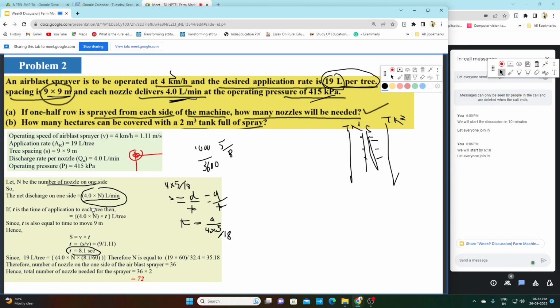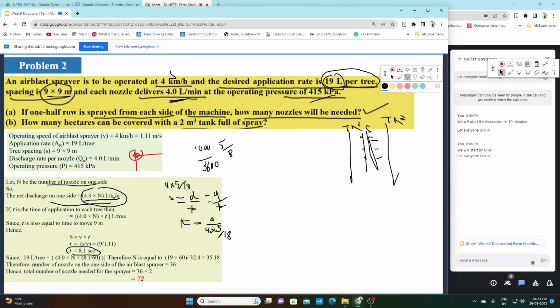Now the application rate for each tree is already given, 19 liter per tree. But we have to find the application rate as 4 into n into the time required for each tree. 4 into n is the number of nozzles times the discharge, and t is the time required for one tree.